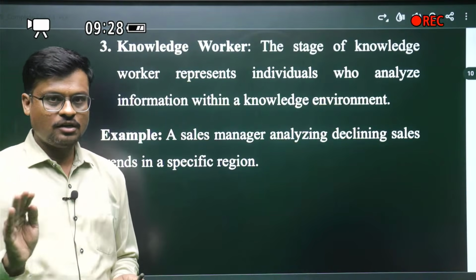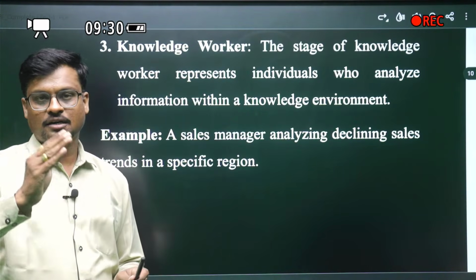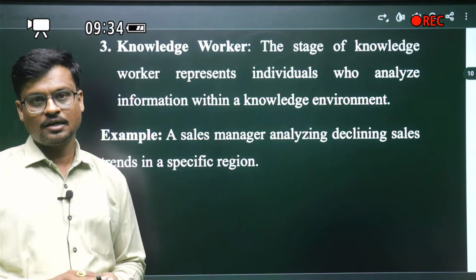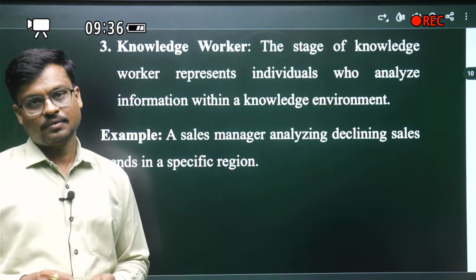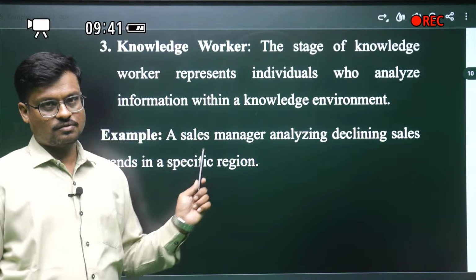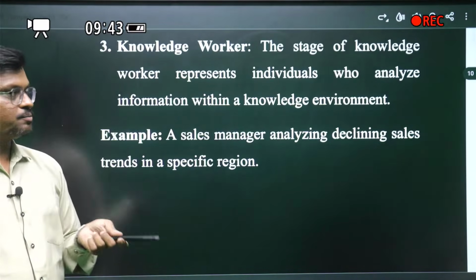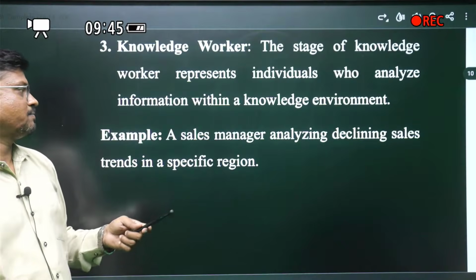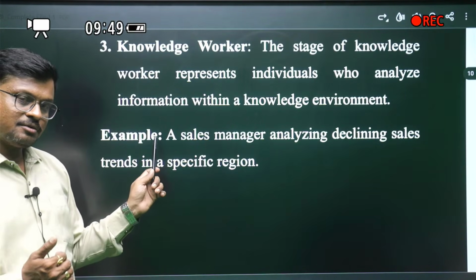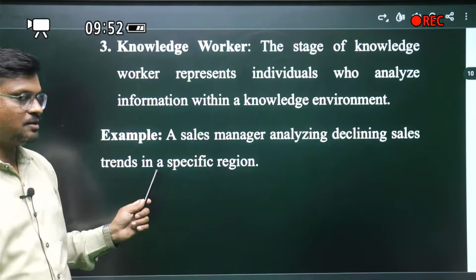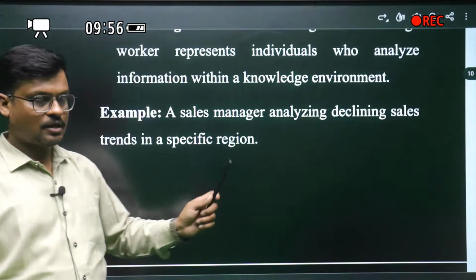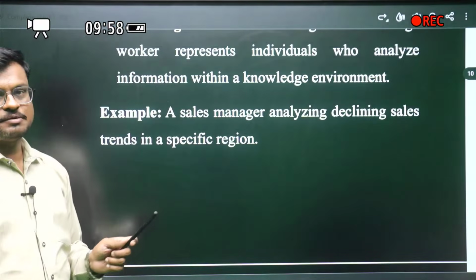You can clean your data using binning or bucket techniques, eliminate the anomalies, and eliminate the missing values in your data in this phase. The knowledge workers implement the basic analysis so that you can refine your information for better decision making. Example: a sales manager analyzing declining sales trends in a specific region.